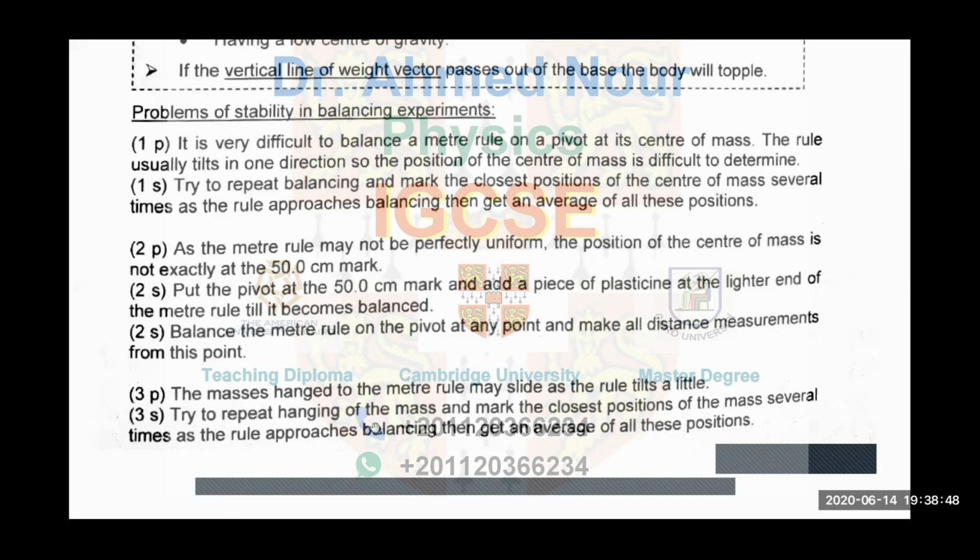Try to repeat hanging of masses and mark the close positions of masses several times as the rule approaches balancing, then get an average of all of these positions. So I put my ruler and put the pivot and then put my masses and try to put them without sliding or tilting left or right to make a balance and to apply the conditions of equilibrium.